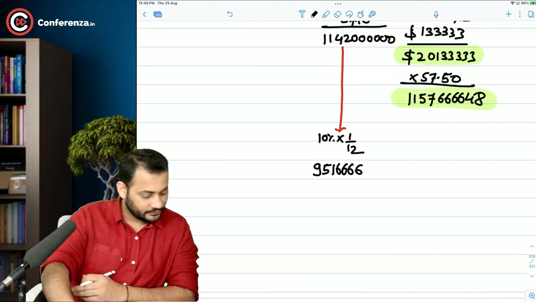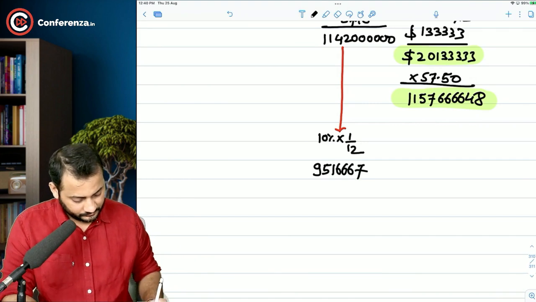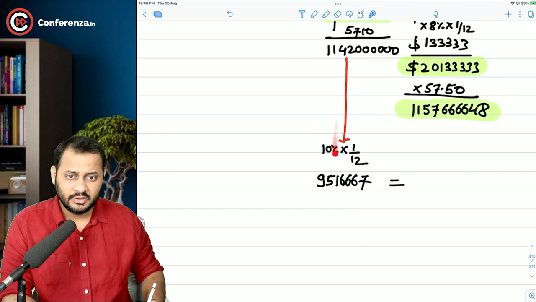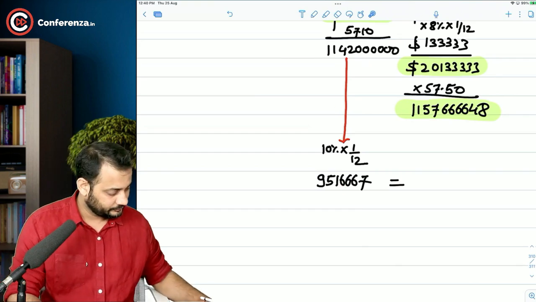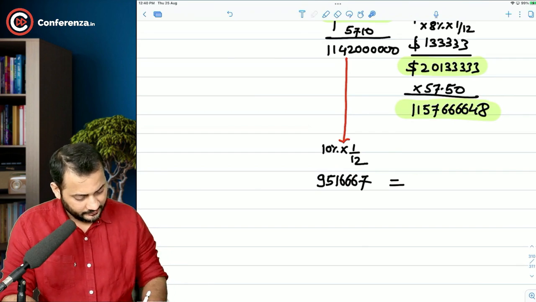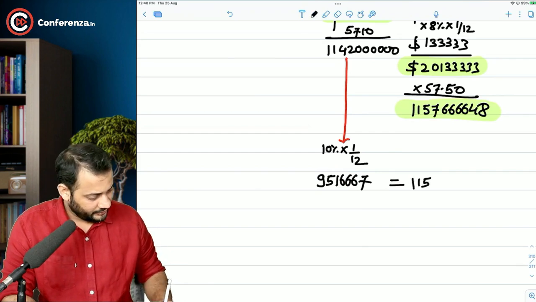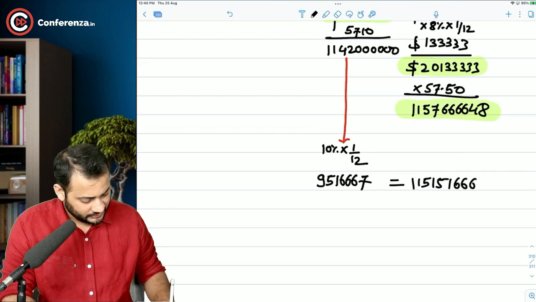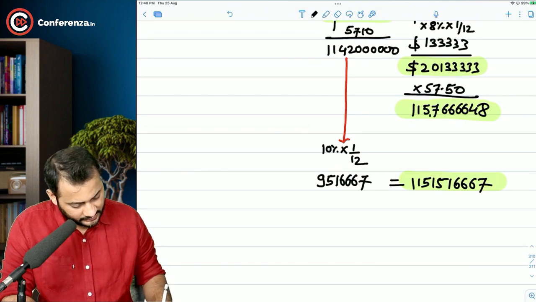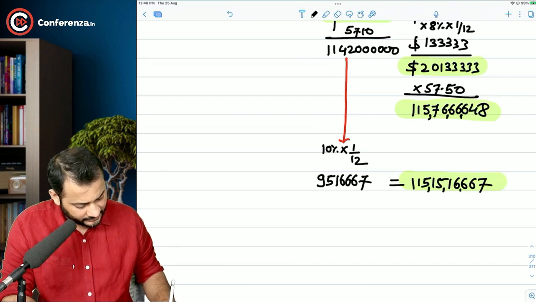The total will be this much principal and this much interest, that's 115,151,6667. So you can see this is 115 crore 76 lakh 66,000, and this is 115 crore 15 lakh 16,000.